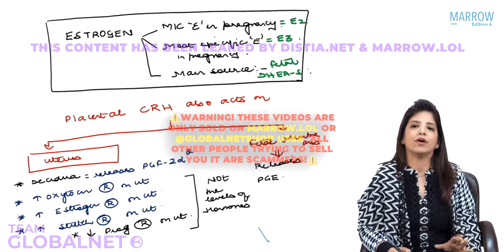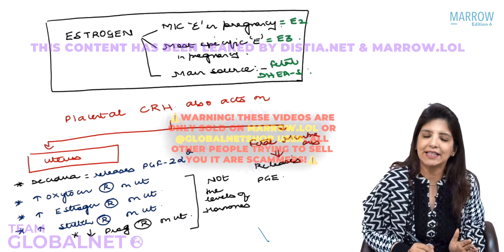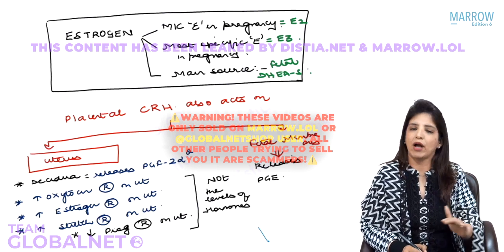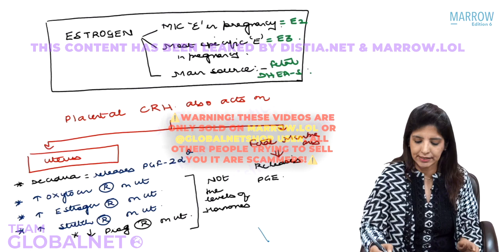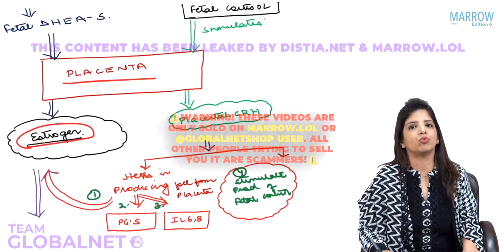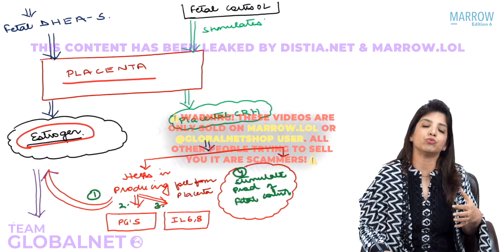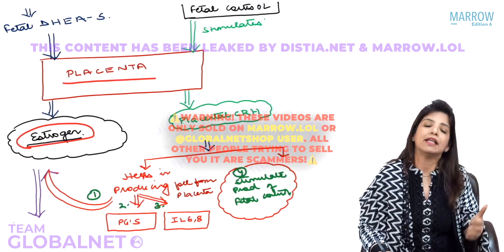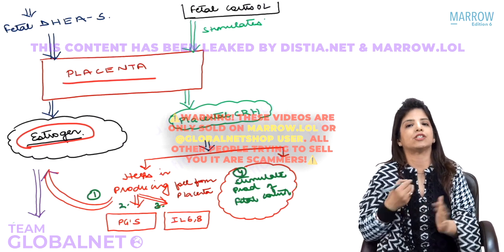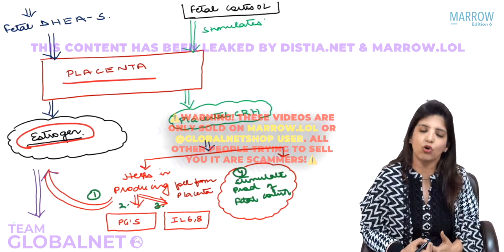Right? Now, again, coming back to placental CRH, I told you a few functions of placental CRH in the earlier slide: it helps in producing estrogen, it also produces prostaglandins and interleukins, and it stimulates the production of fetal cortisol.